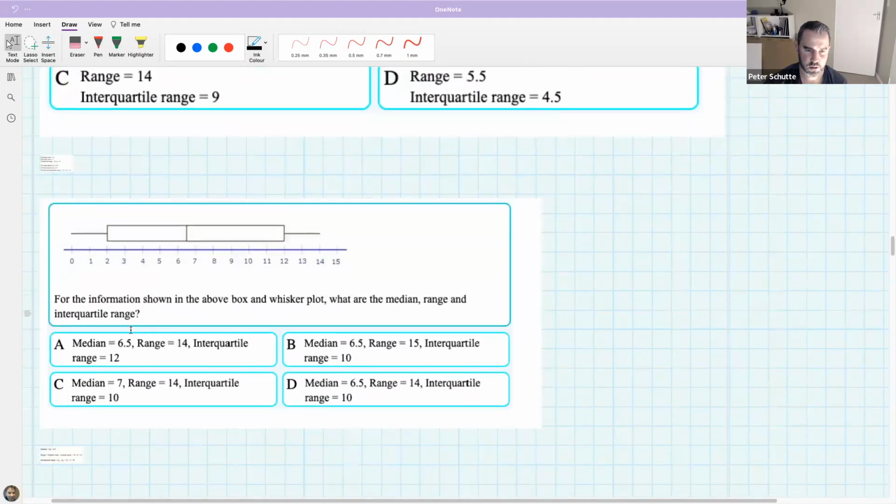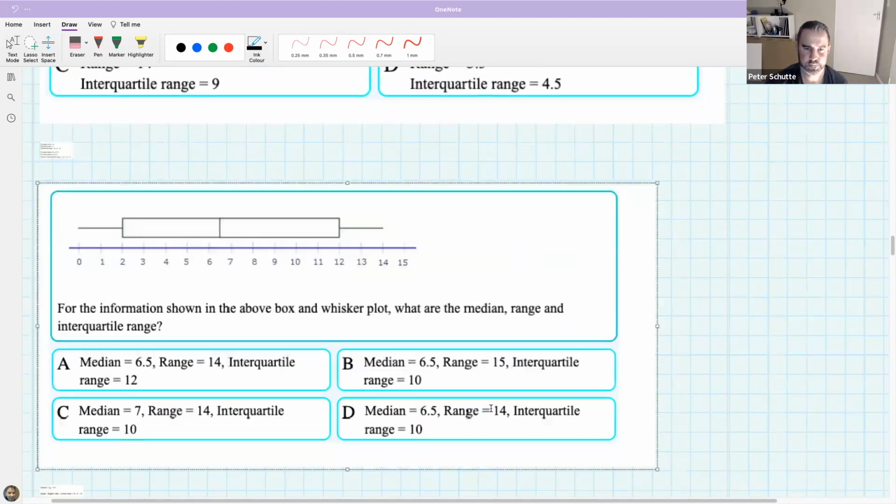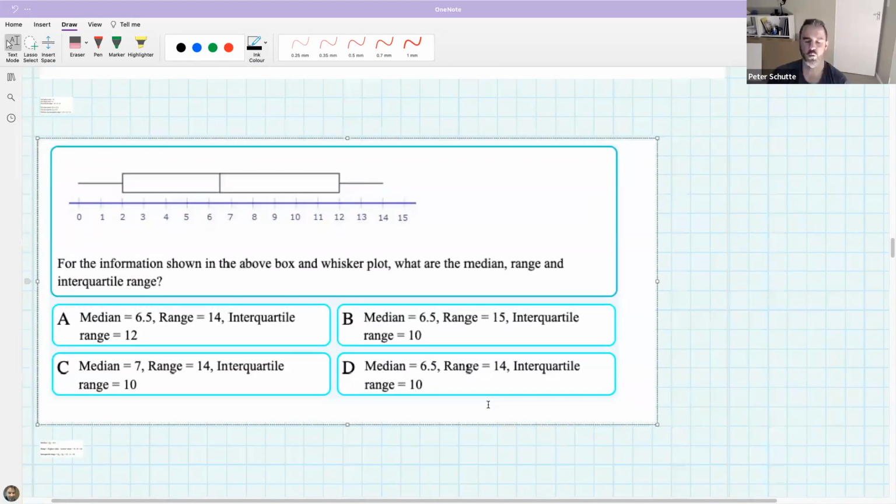Okay, what about this one? Which combo is the correct median, range, and interquartile range?